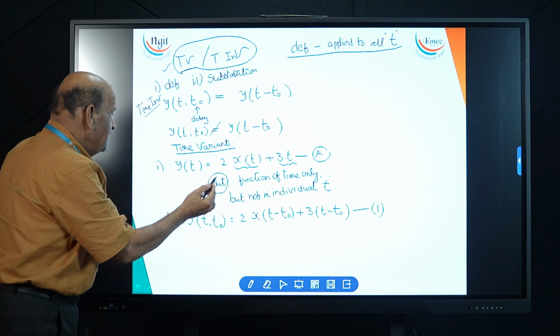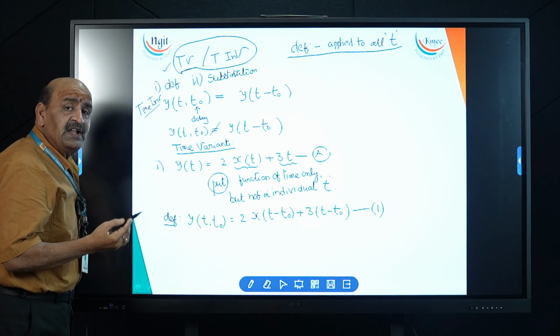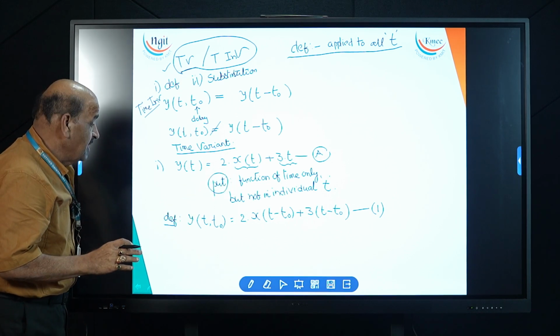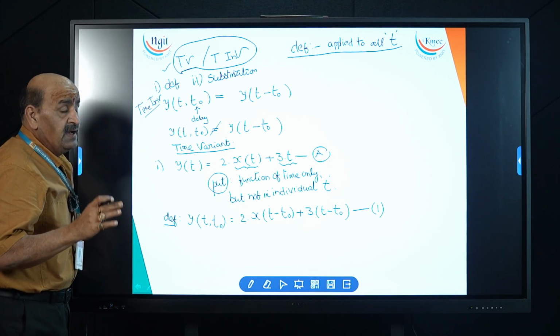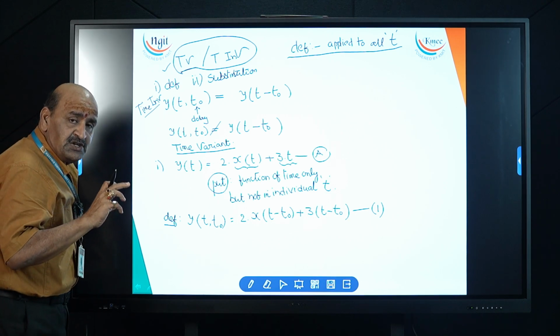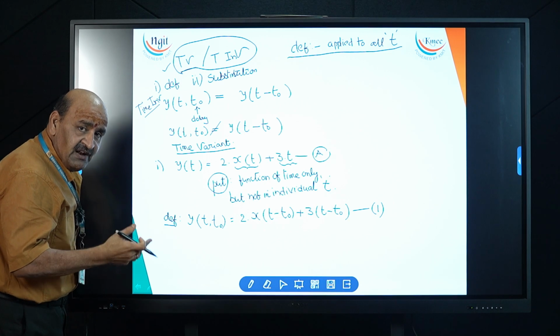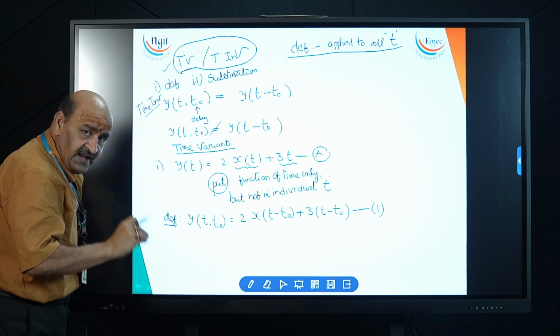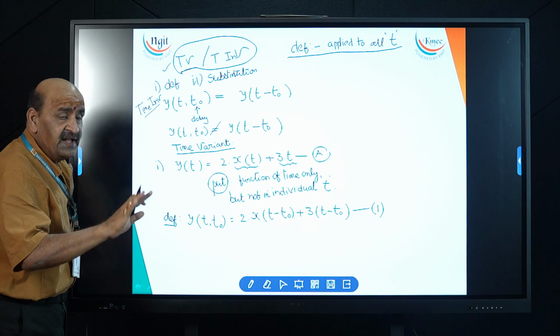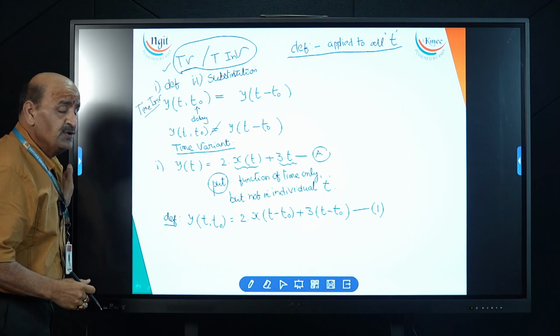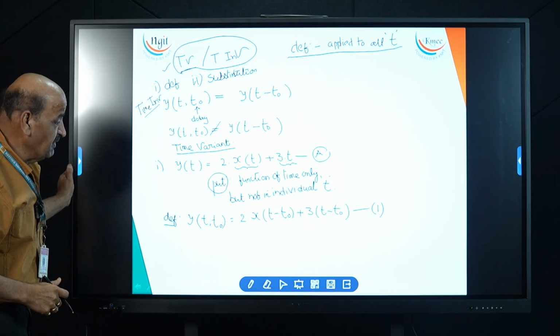Wherever there is t, it is replaced by t minus t naught. That is according to the definition. But regarding substitution, t should be replaced by t minus t naught only in the function of t, but not the individual t. Students have to make the distinction between these two.